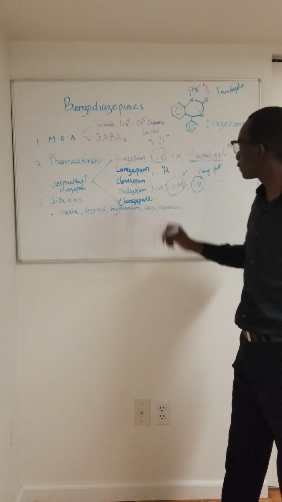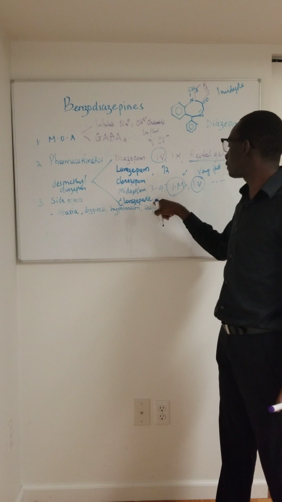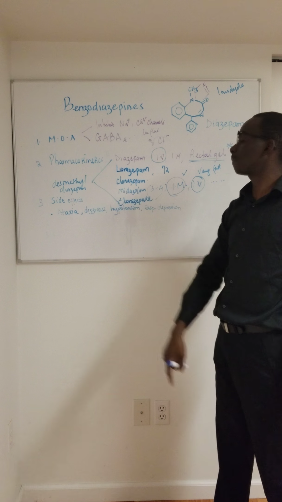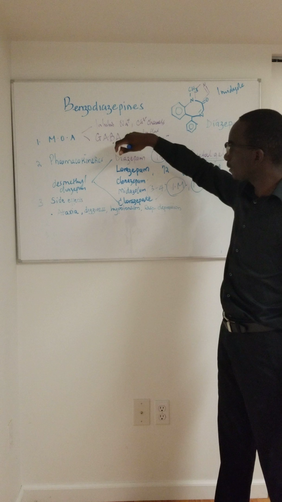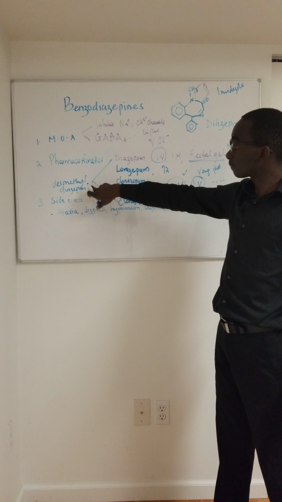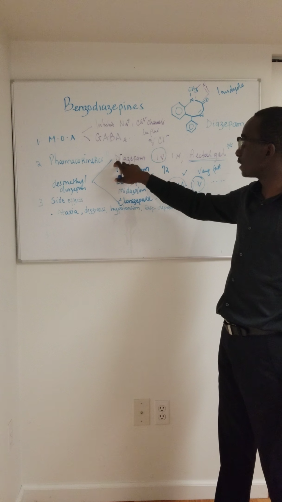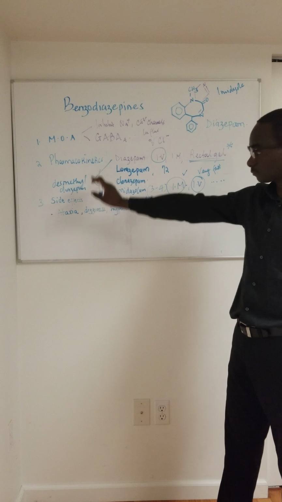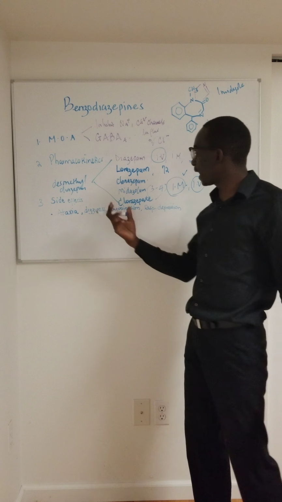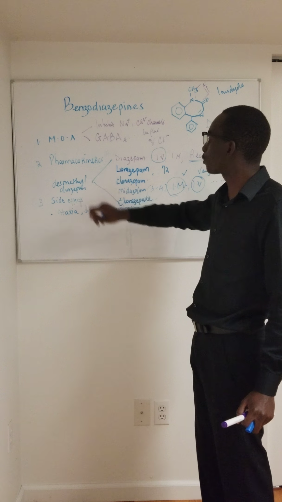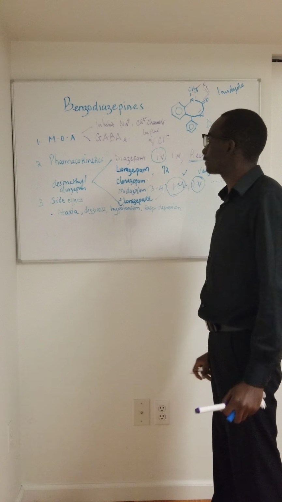When this drug reaches the stomach, it is decarboxylated to this active metabolite, and this is the same active metabolite we see when the diazepam is in the blood. So these two have the same active metabolite, desmethyldiazepam.